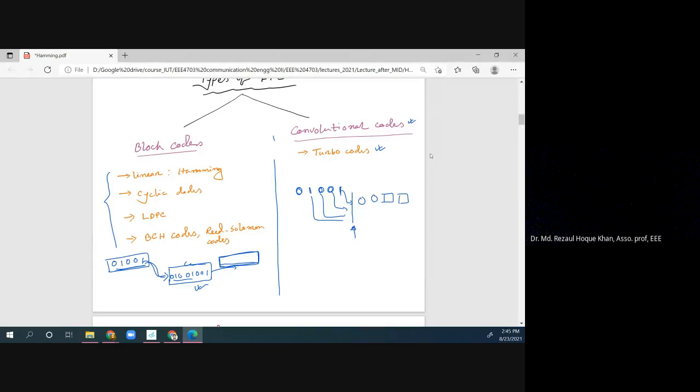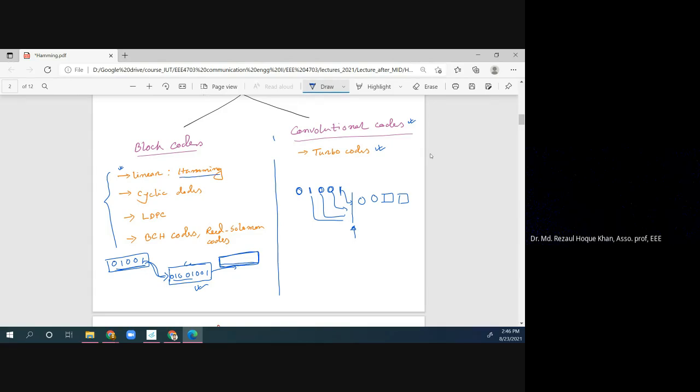Block codes could be linear block codes, and one example is Hamming codes. They could be cyclic, low density parity check (LDPC), and Reed Solomon codes. They are probably in our syllabus, so in today's lecture we will concentrate on block codes.